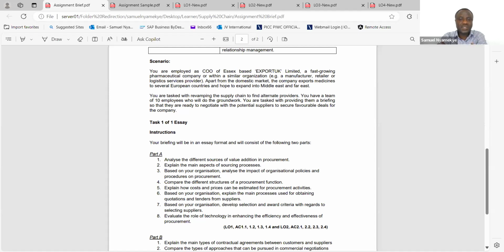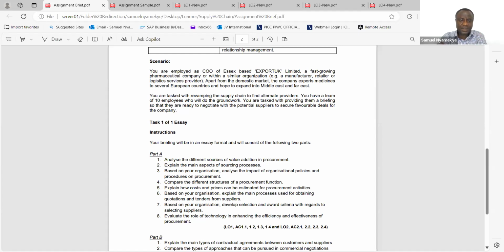Apart from the domestic market, the company exports medicines to several European countries and hopes to expand into the Middle East and Far East. So that is the background.